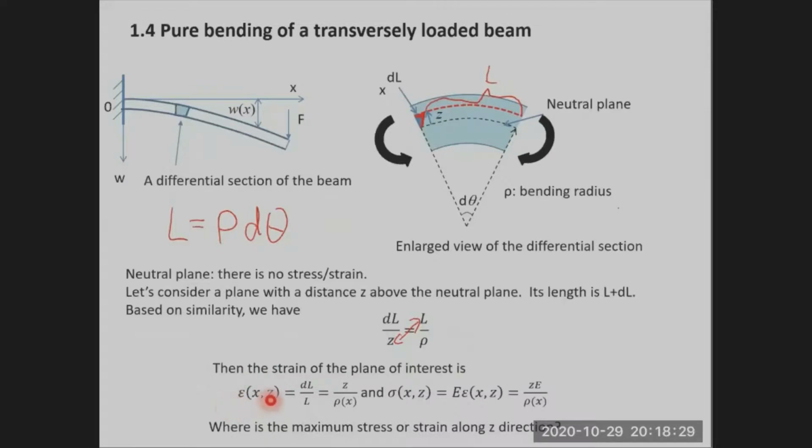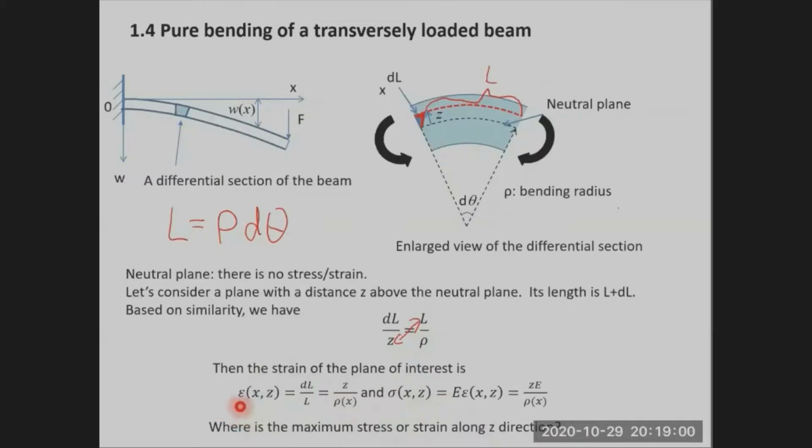So the mechanical strain on this plane is equal to dl over L, which is equal to z over rho. z is the distance to the neutral plane. Rho is the bending radius. That's the mechanical strain. And please know that mechanical strain epsilon is a function of x, the horizontal position, and the distance to the neutral plane z, the thickness direction.